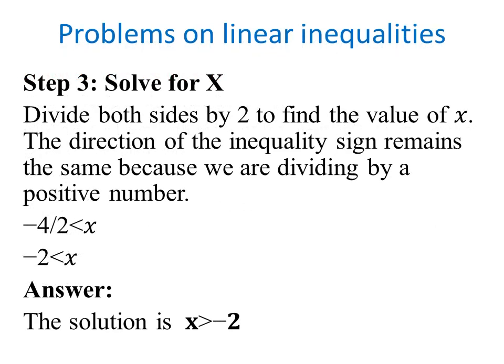Divide both sides by 2 to find the value of x. The direction of the inequality sign remains the same because we are dividing by a positive number. Therefore, minus 4 by 2 is less than x, that is minus 2 is less than x. Therefore, the solution is x is greater than minus 2.